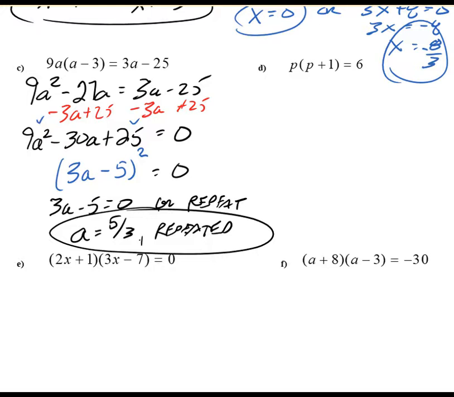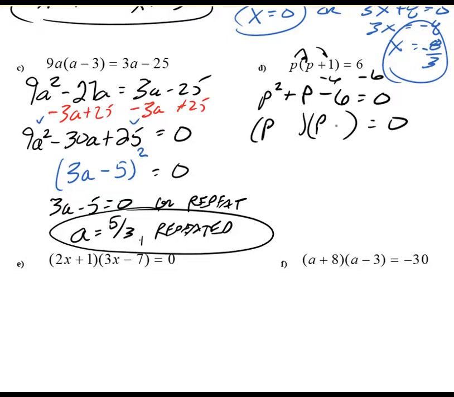All right. For D, again, we want to expand and set equal to 0. So we want this in expanded form, so we'll distribute p squared plus p, and then we'll subtract 6 from both sides. Minus 6 equals 0. So we have expanded form on the left equaling 0, so if we factor this to two binomial factors, we get p and p. Plus 3 and minus 2 would give us a positive 1 in the middle.